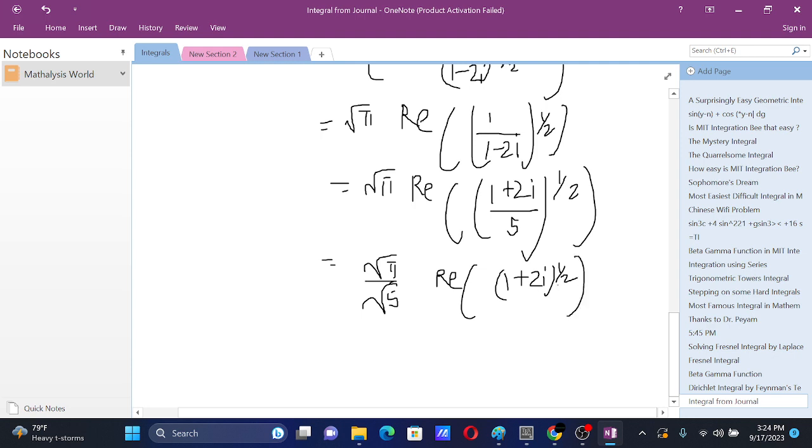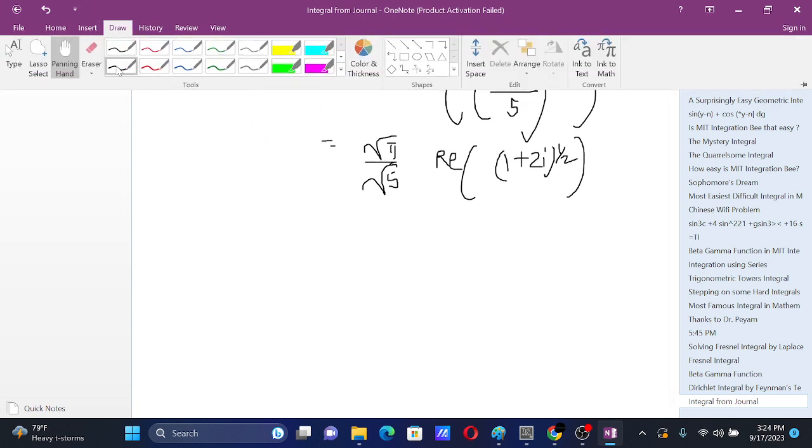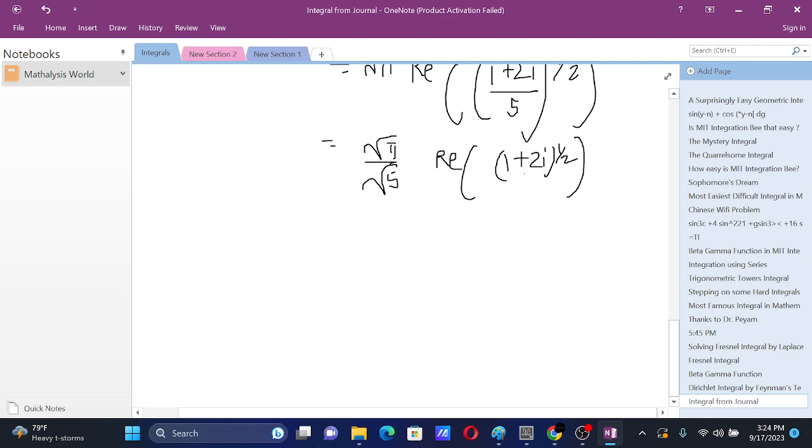Now you can just find its square root. Or you can also go some other ways. First of all, we can try to make this as cos theta and sin theta. So for that, we have root 5 over root 5, and we need to introduce root 5 over here, because we have 1 square plus 2 square as root 5.